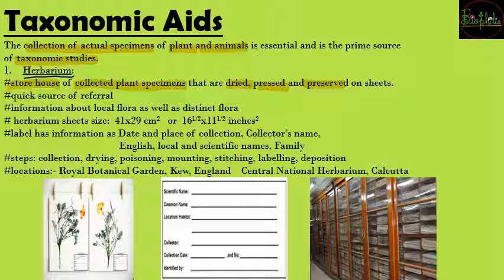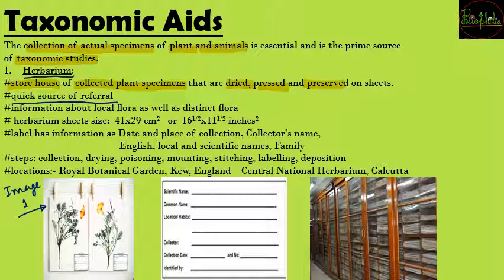So in the figure 1 down here, you can see how the plant sources are going to be dried, pressed and preserved onto the paper, and that would be stored inside the herbarium.